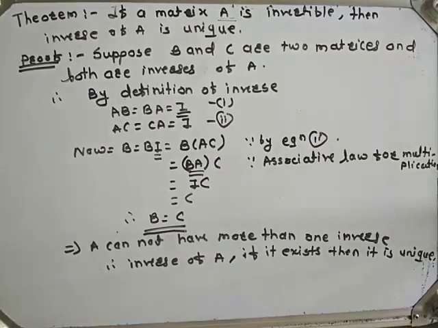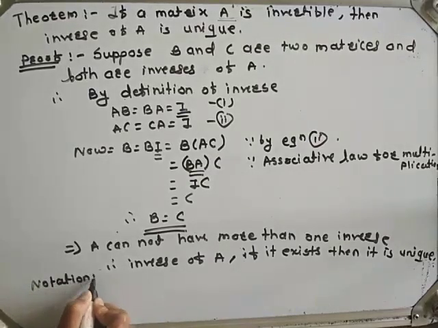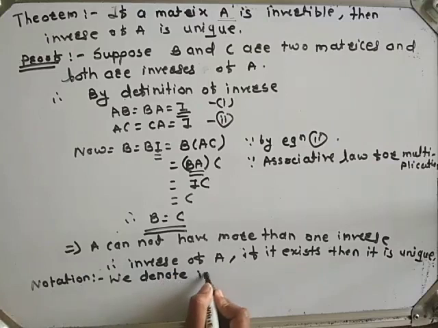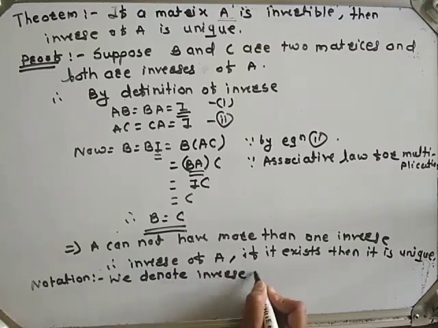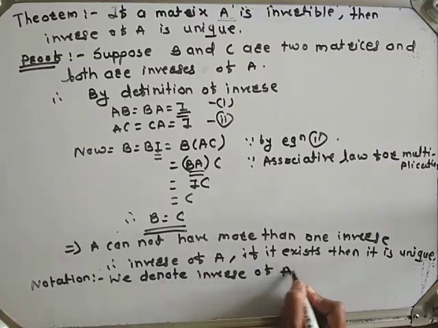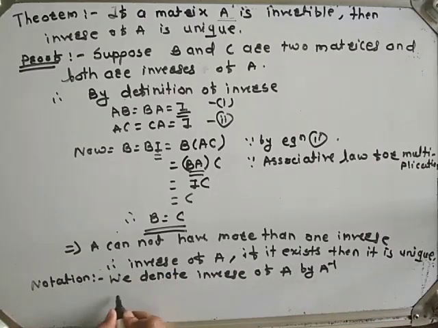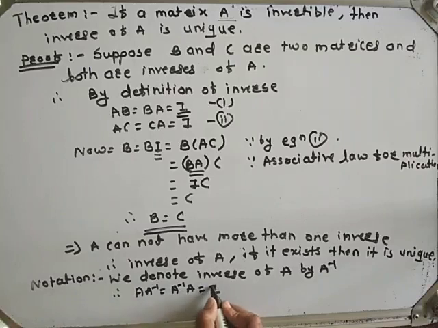Notation: we denote inverse of A by A inverse. Therefore, A into A inverse is equal to A inverse into A, which is equal to I.